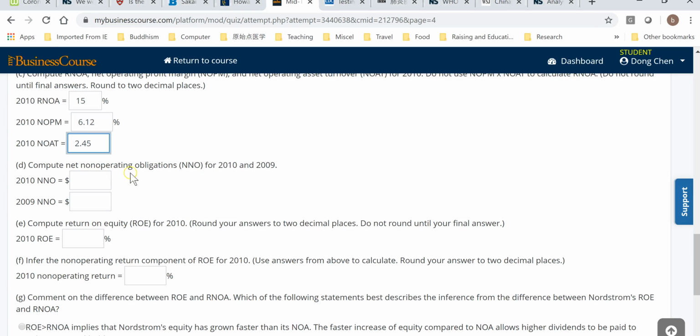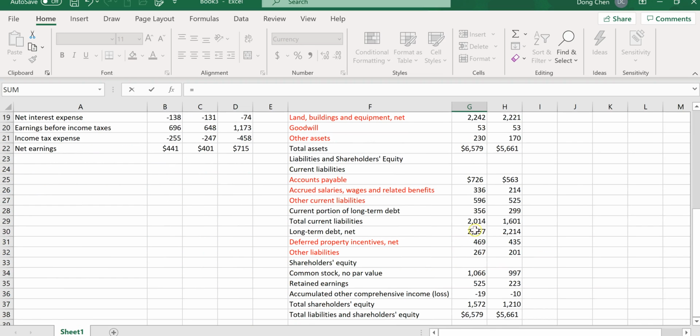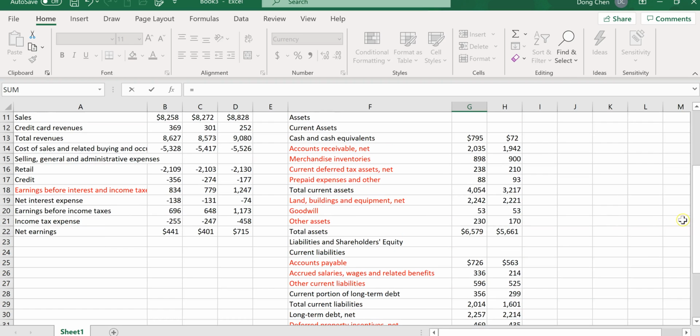Net non-operating obligations. So that's defined to be the sum of the non-operating liabilities minus the sum of the non-operating assets.